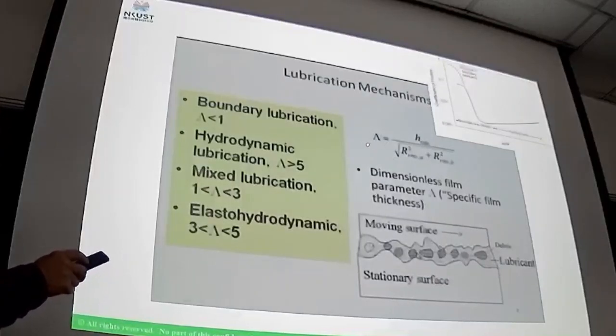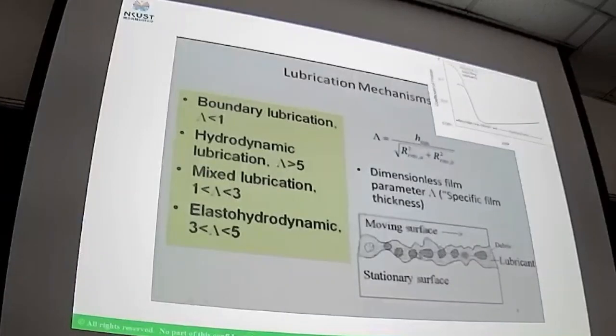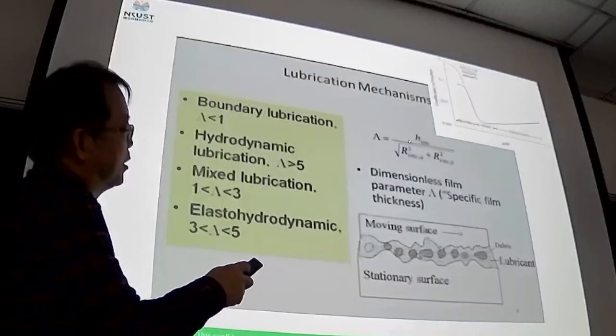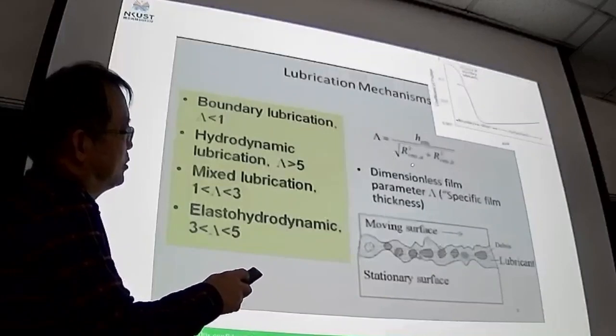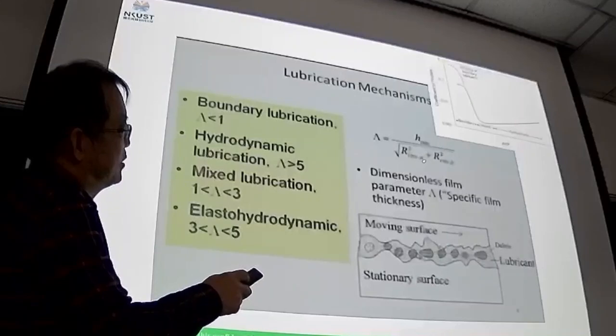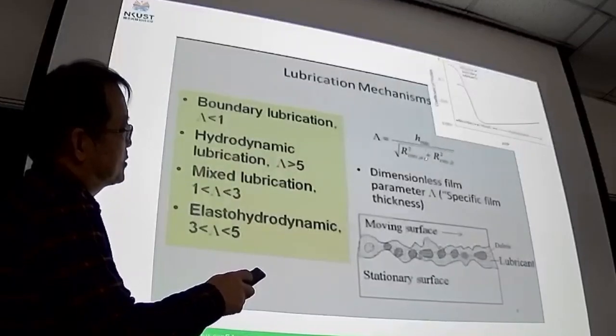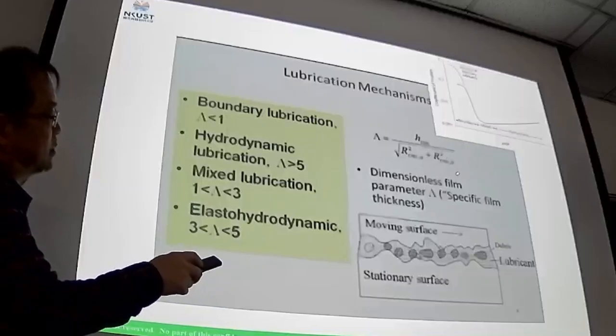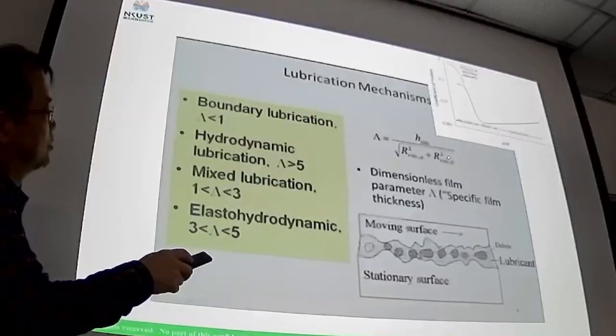So this lambda value is equal to h minimum divided by the root mean square surface roughness of the first surface and the second surface.